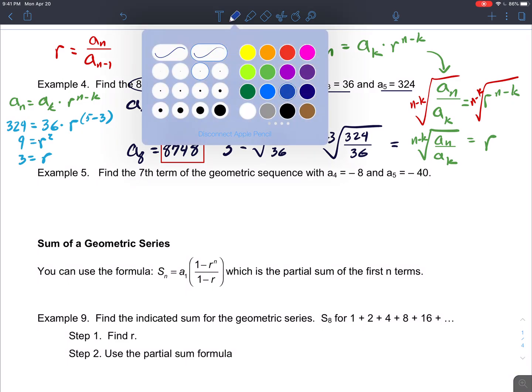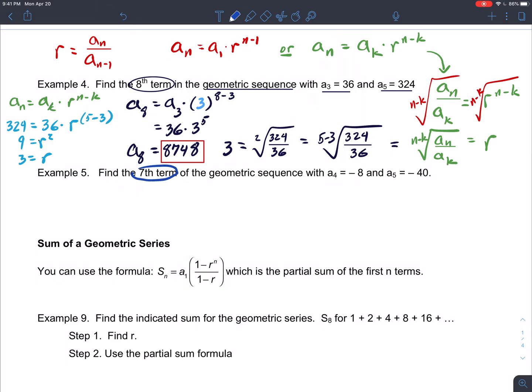Here we're told to find the 7th term, so we want a sub 7. A sub 7 is going to be some earlier term times the common ratio raised to a power. So let's look at what we're given.